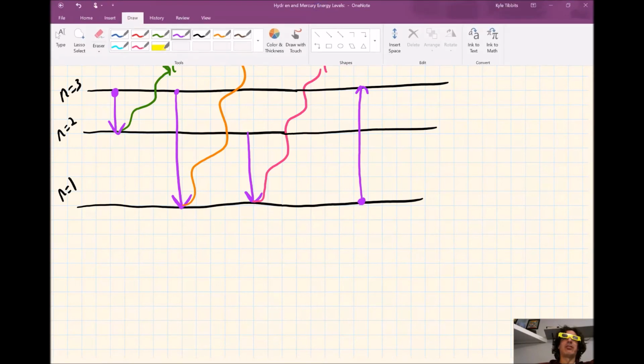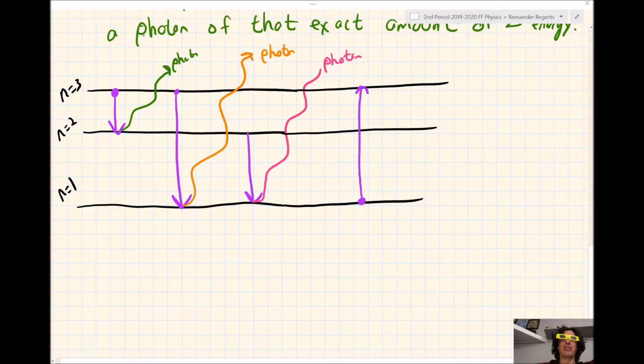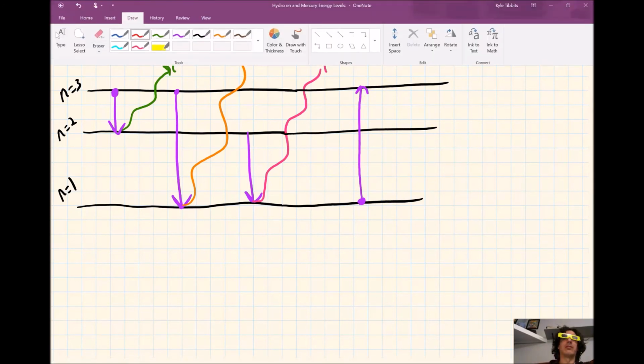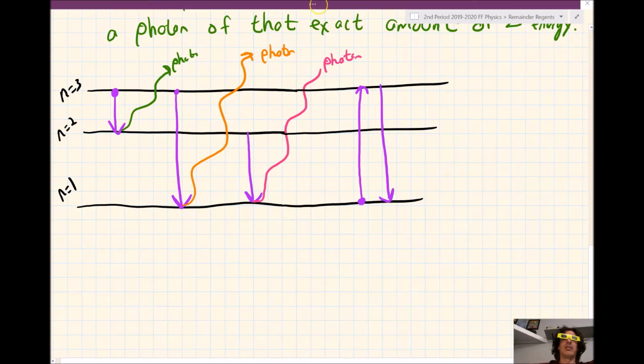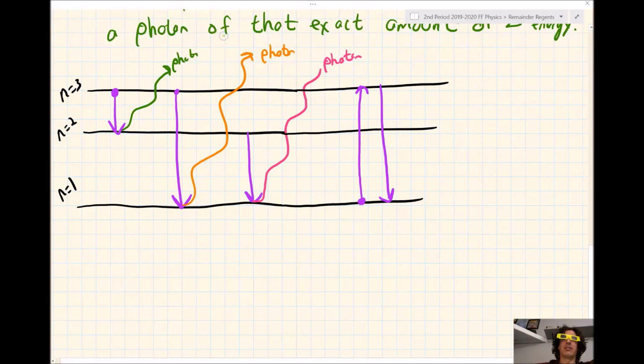Then it naturally wants to go back down to its normal state, and it'll release a photon after it was excited.